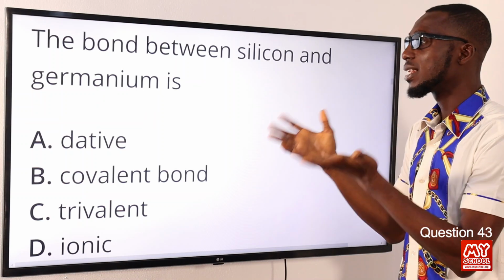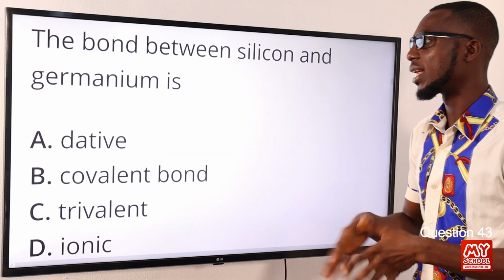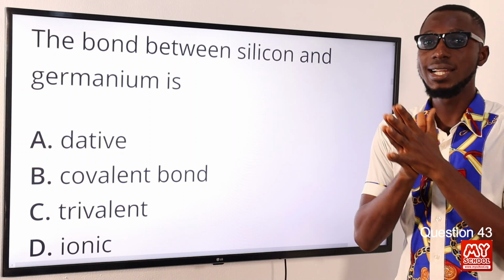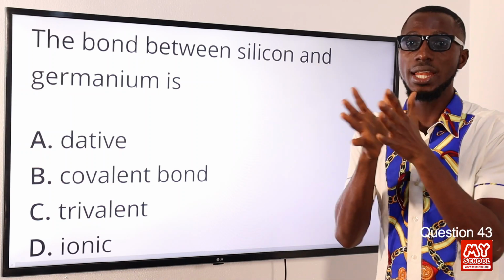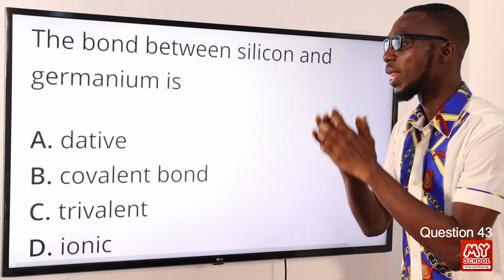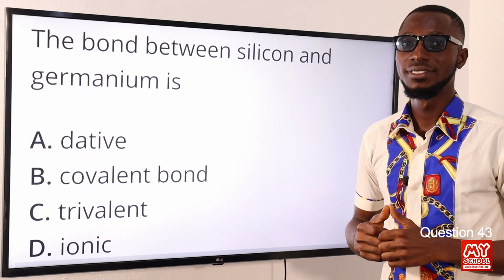In this particular case, silicon needs 4 to obey that, germanium as well needs 4. So they are going to combine together, and both of them will share their 4 to become 8 in the outermost shell, of course. So the correct option will be option B for covalent bond.